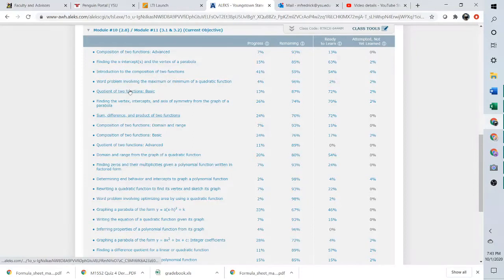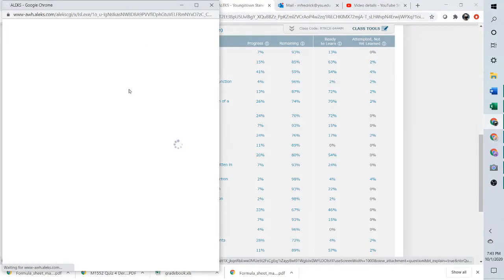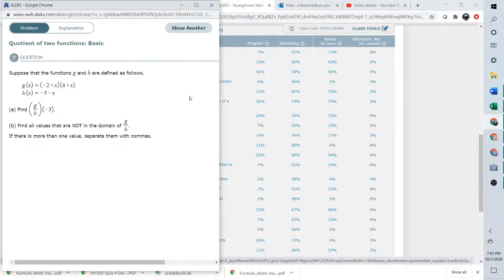The quotient ones. Now when you're doing these ones, notice they're dividing and putting a number in, but then they want us to find the domain.